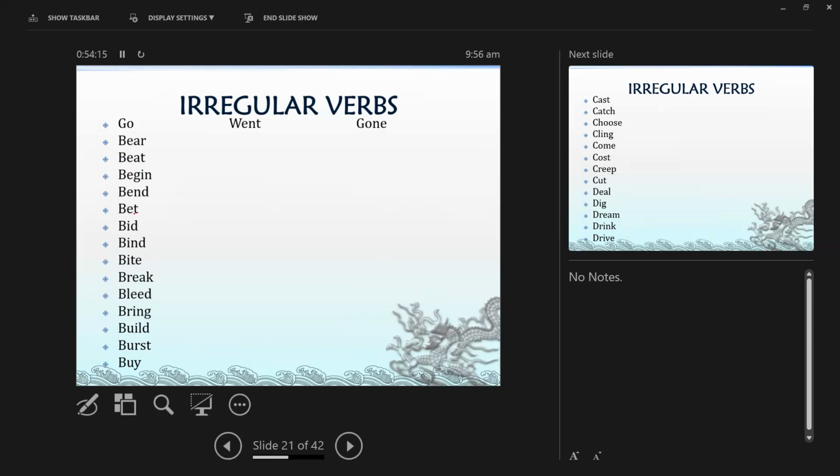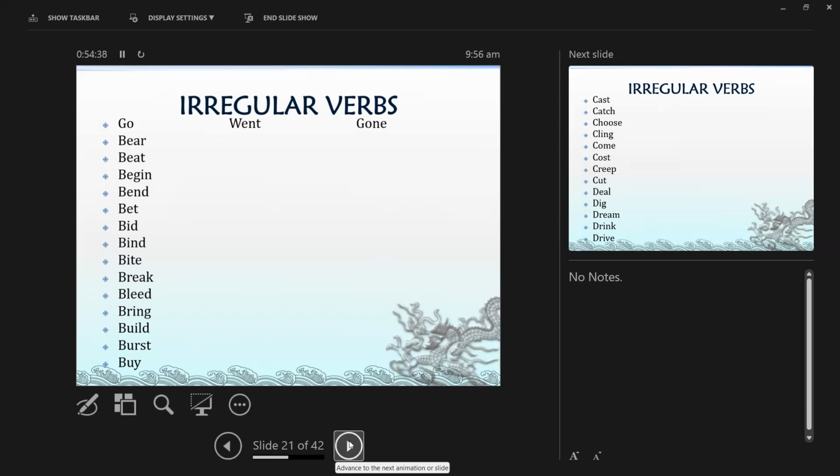So again, you cannot add ed after these verbs. Okay? These are all irregular verbs. Buy, bought, bought. Okay. Build, built, built. Okay.